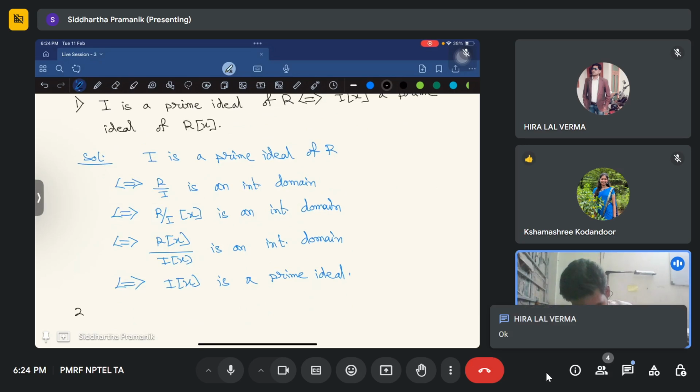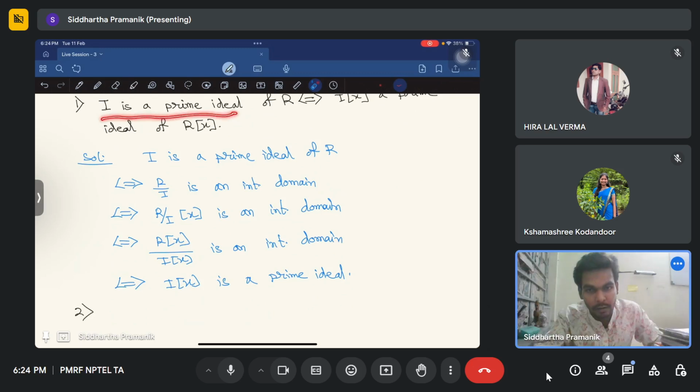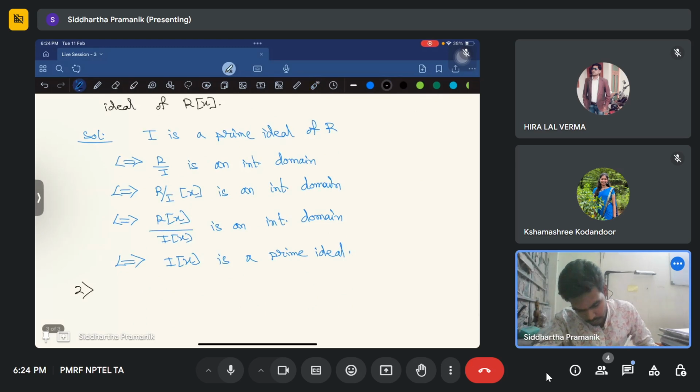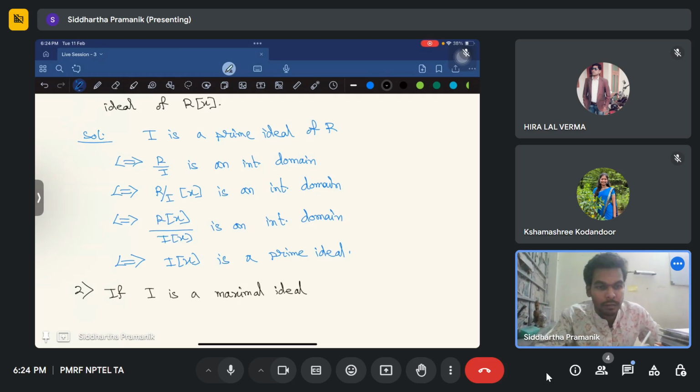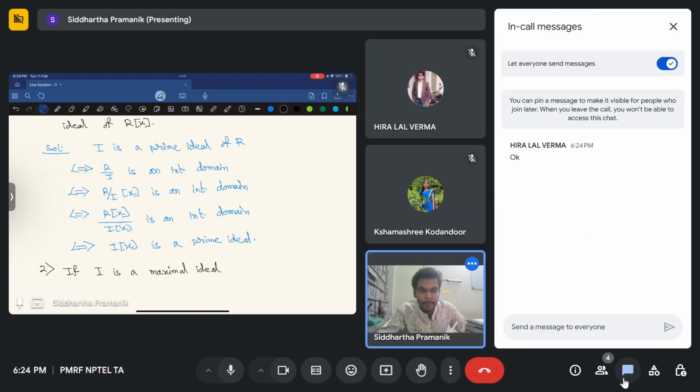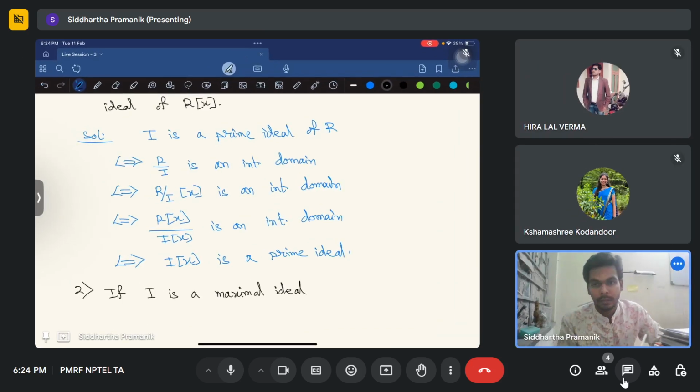Okay, now what about maximality? If I is a maximal ideal, what about Ix? Can Ix be a maximal ideal? What do you think?